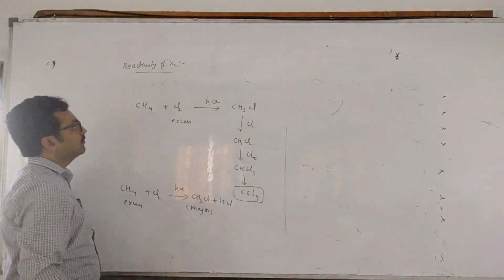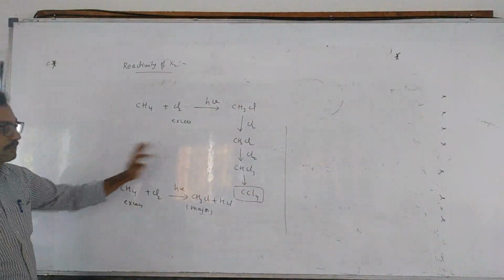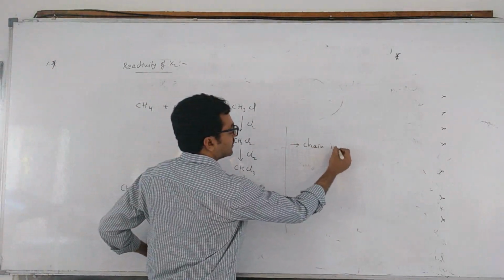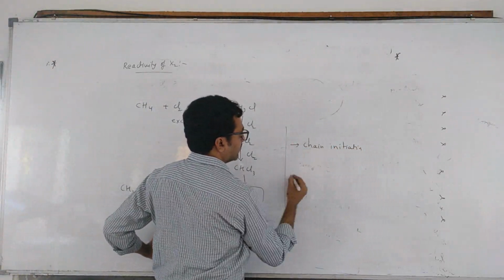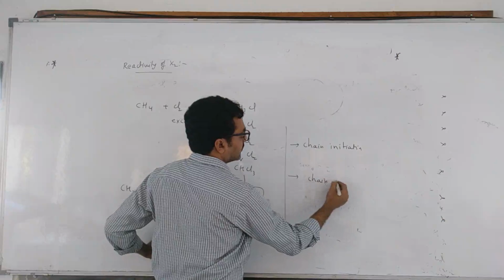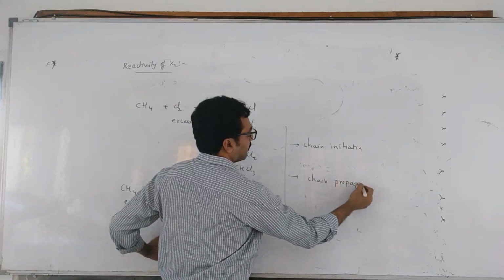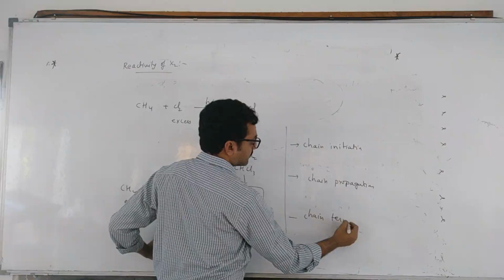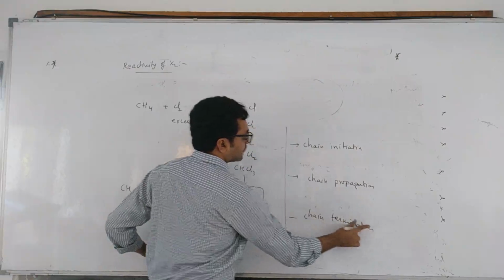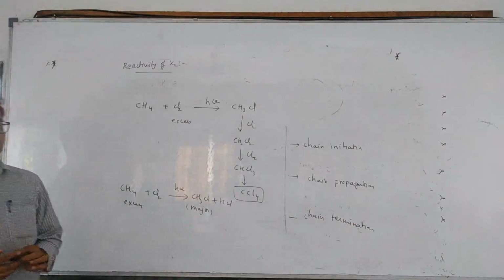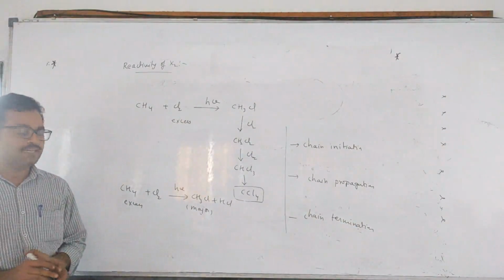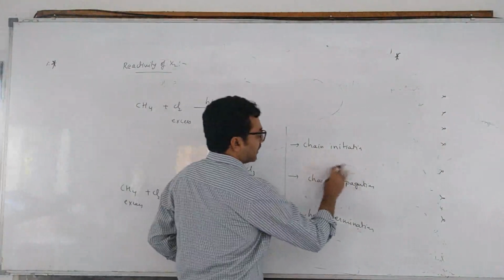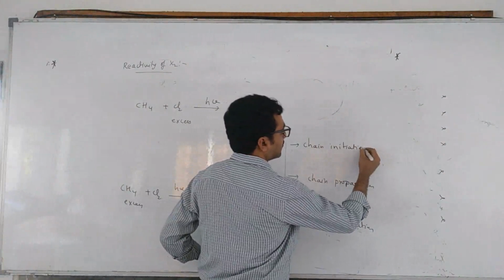In every free radical substitution, there are 3 steps. What are those? Can anyone tell? Chain initiation, chain propagation, and what? Chain termination. Right, children? Chain initiation, chain propagation, and chain termination. In chain initiation, every reaction is endothermic only.